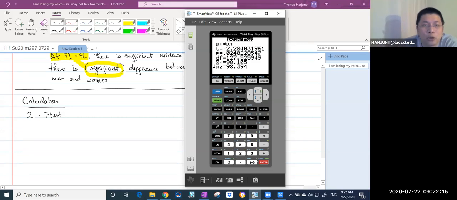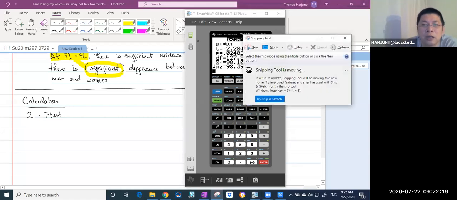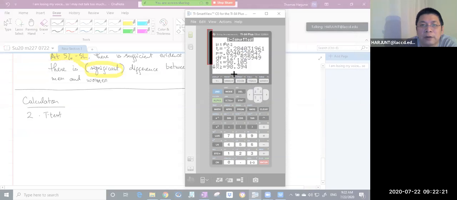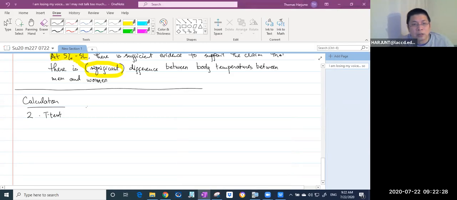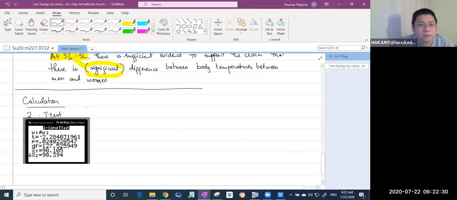Okay, now, so we will get this result here. Notice that the degree of freedom in this result is different. The degree of freedom we have in this result using the calculator is different.